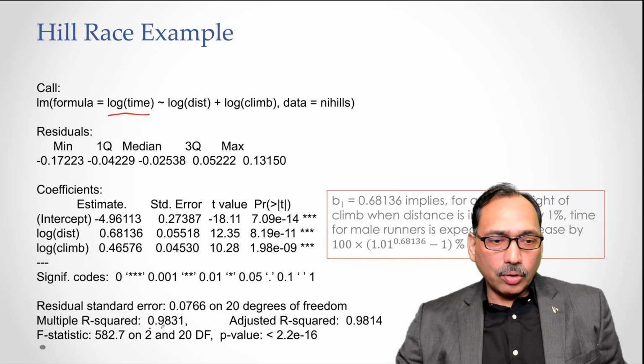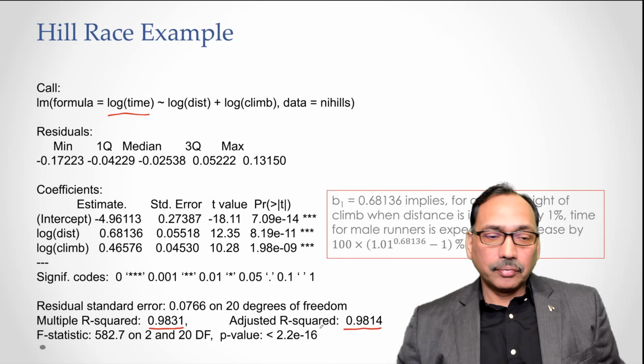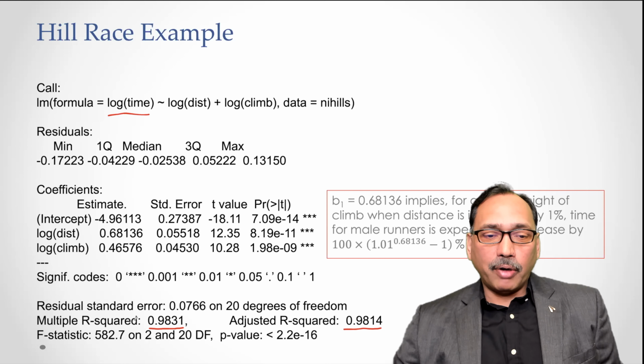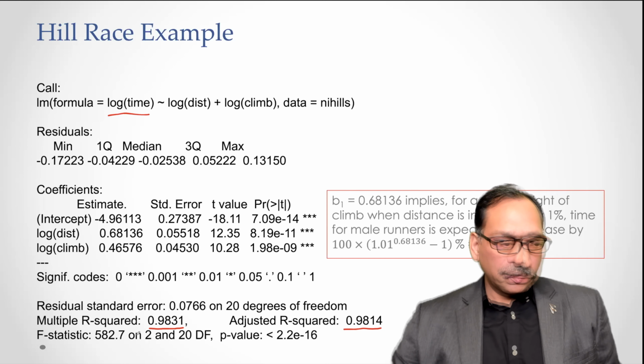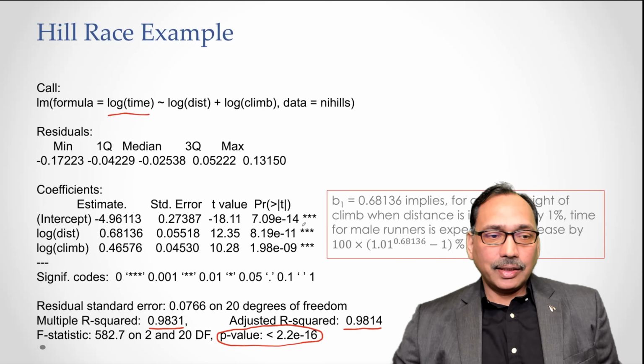R square is about 0.9831 and adjusted R square is 0.9814. So not very far away. If they are far away, that also indicates some kind of problem, but both numbers are close enough. And the overall p-value is significant. So at least one of the betas is significant.